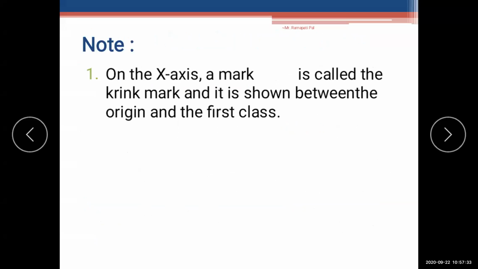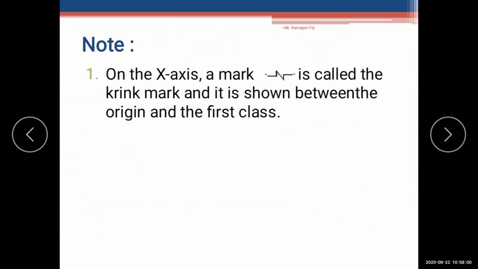Okay. So you can see now on the x-axis a mark. That mark is called the crink mark. It is also called a jagged line. You can see the symbol of that mark.